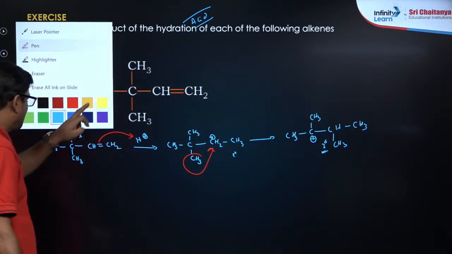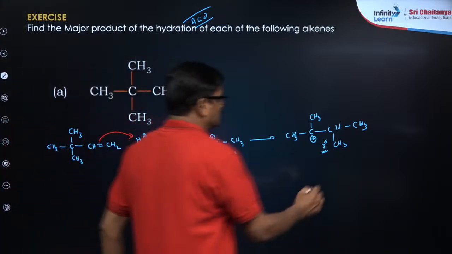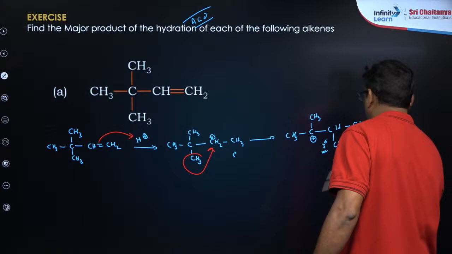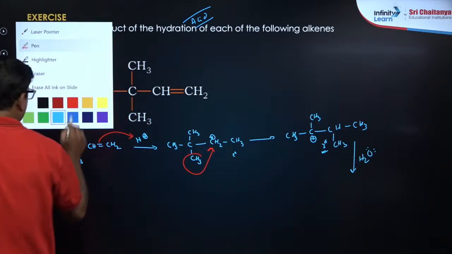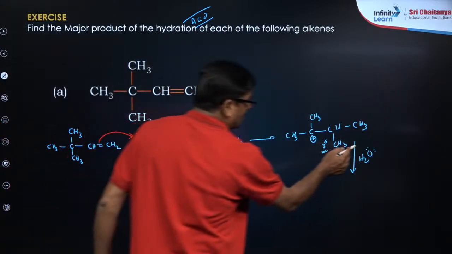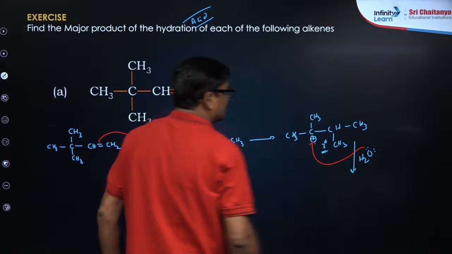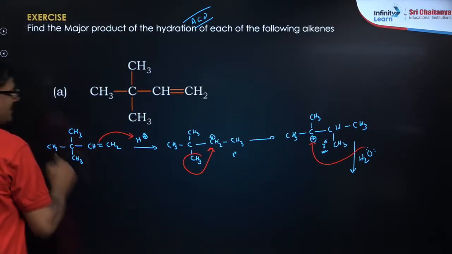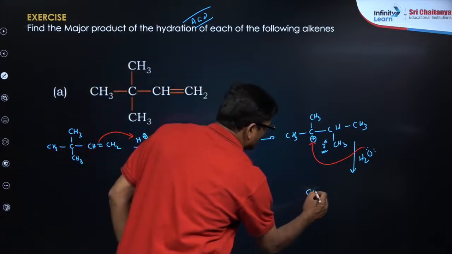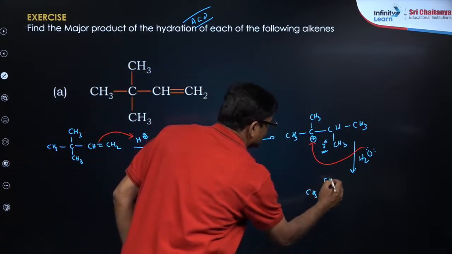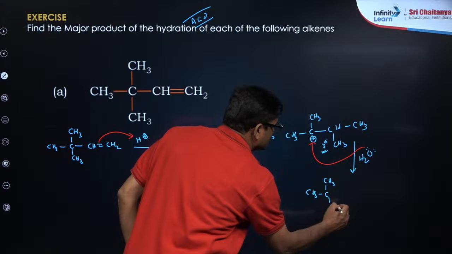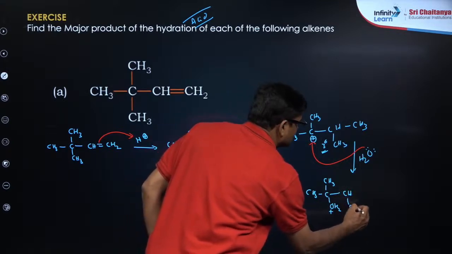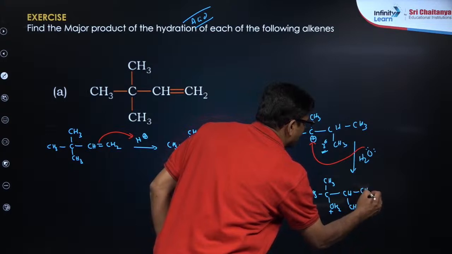So this one is going to grab a water molecule, so it is going to react with the water molecule. In the presence of the water molecule, what happened? The lone pair of electrons acts as a Lewis base, and it is a good nucleophile. Right, Richa? Now it is going to be CH3, CH3 and OH2+ and CH3 and CH3.